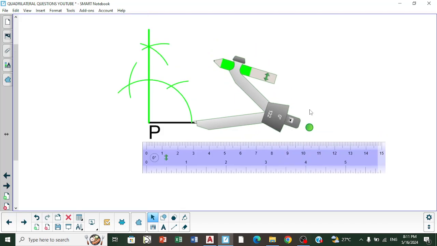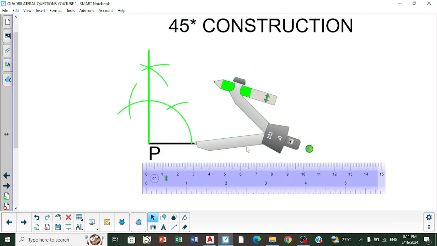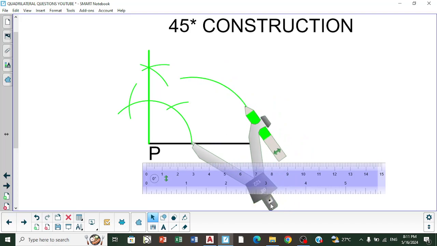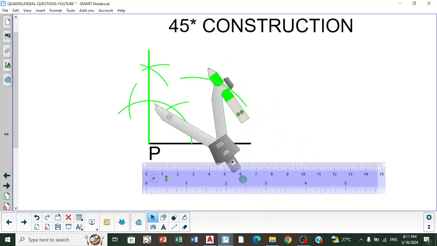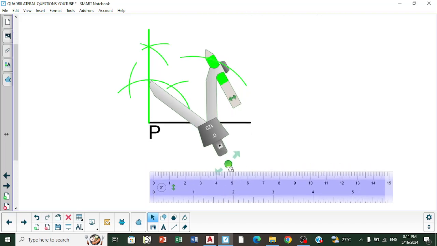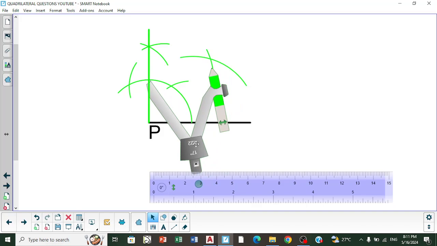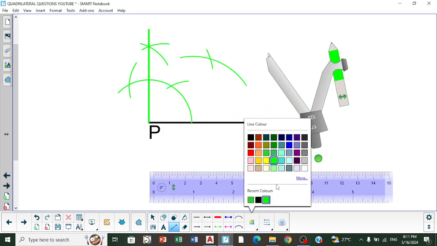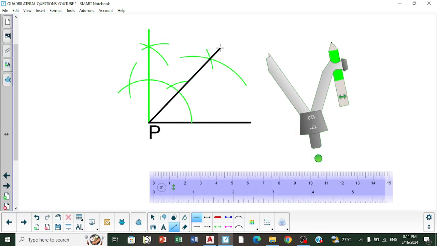To bisect, you have to open your compass to more than half of any distance. And I place it at a straight line, a 90 degrees line. And through this now is going to give me, from here, I'm going to draw it dark so you can see it. So here is going to give me 90, going to give me 45 degrees through this point here.